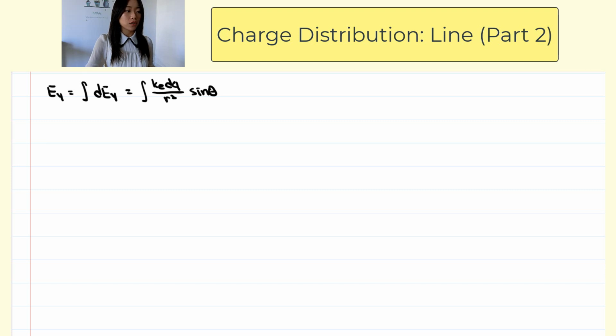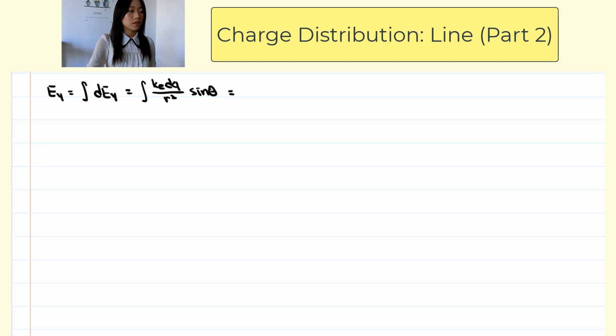Same approach as the Ex. We substitute dq, which is the density times dx, and we substitute the r squared from our triangle. R squared is x squared plus y squared. And we also substitute for the sine theta, which is the opposite over the hypotenuse.